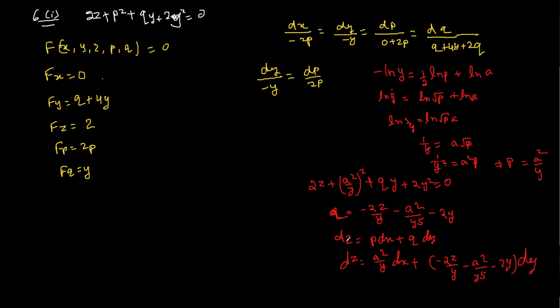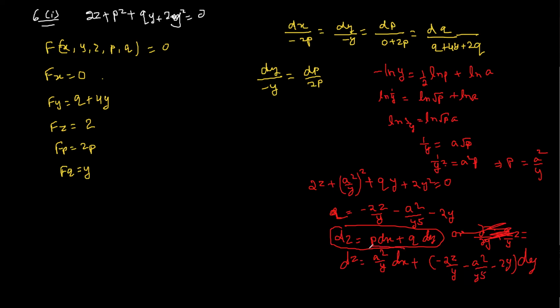Okay. You can use this or you can use this. Both work. Okay. Del z by del y is minus 2 upon y z. Okay, no problem.